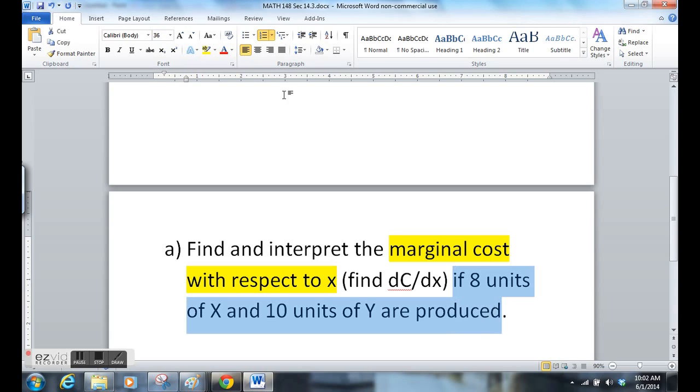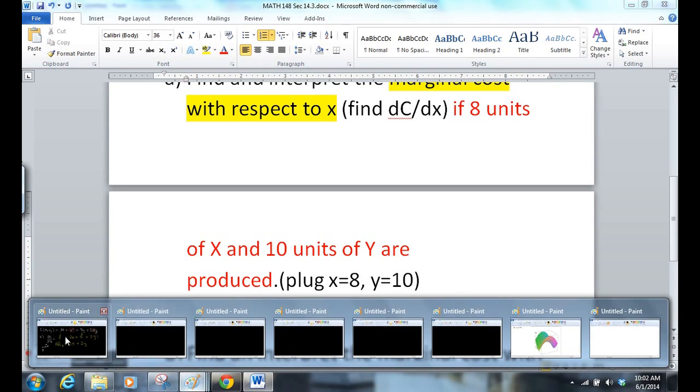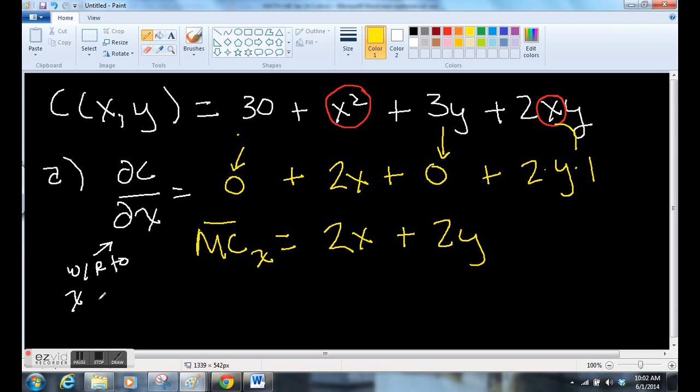This second part, if 8 units are produced, means plug in, substitute, x equals 8 and y equals 10 into your derivative. So let's do that. Here's our derivative, and now we're going to let x be 8 units of x, and y is 10 units of y.